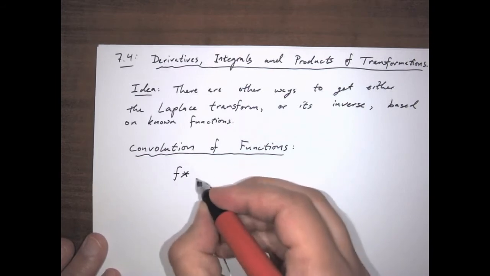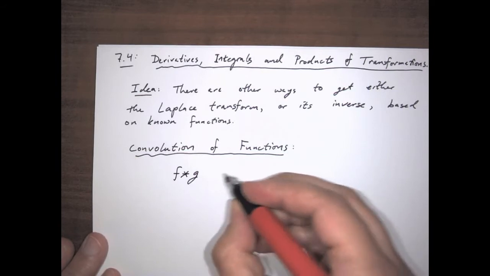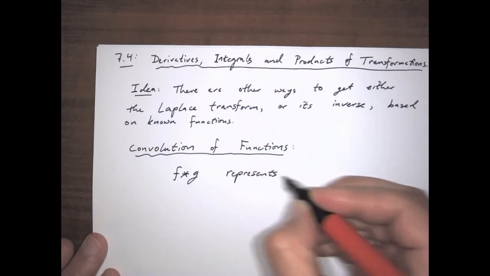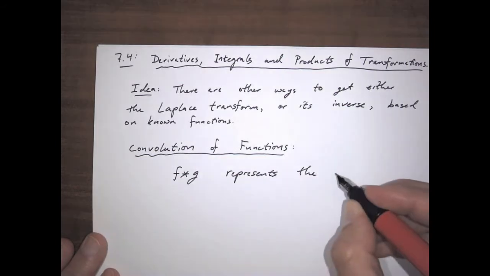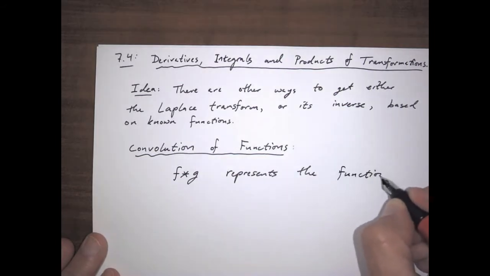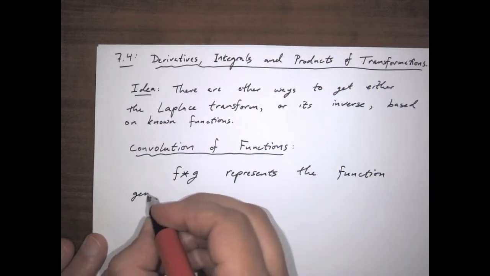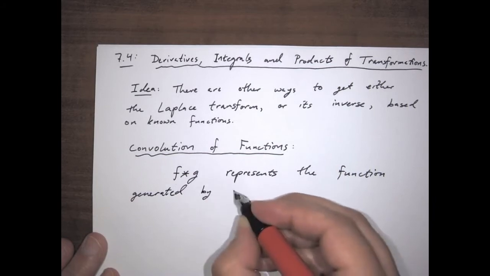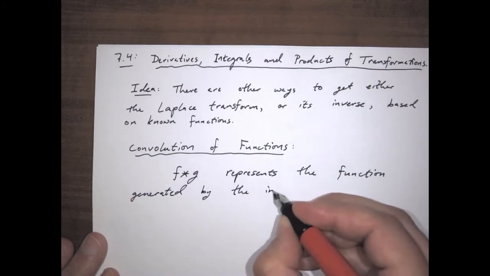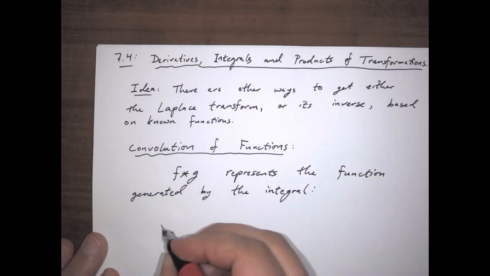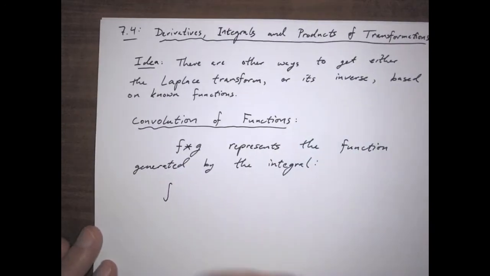So f asterisk g represents the function generated by the integral.